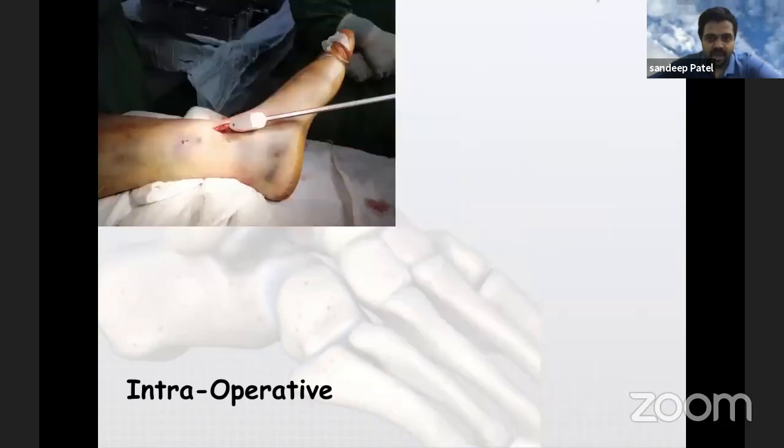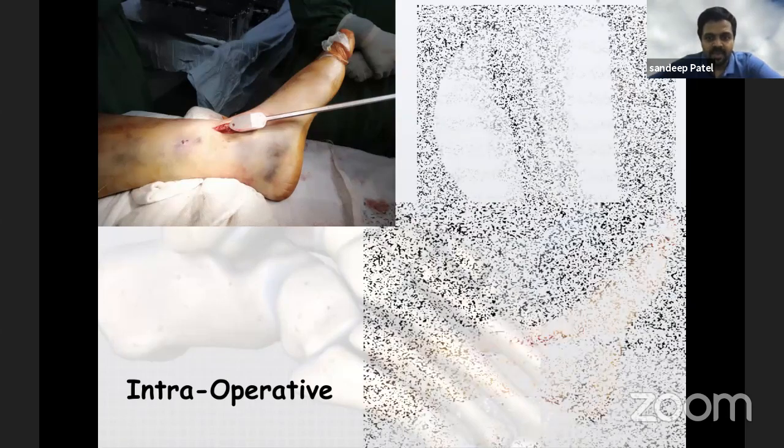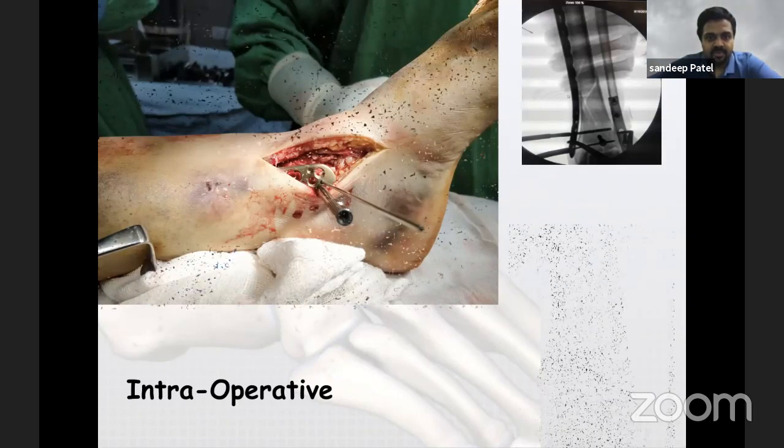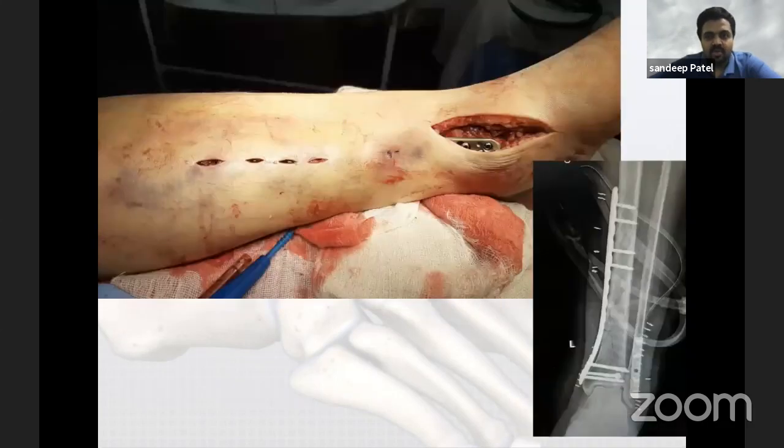And when it comes to the pilon of the tibia, we could do it with a minimally invasive technique. These are some of the intraoperative pictures with a small medial window, creating a space for the plate and then sliding the distal tibial locking plate. Once the reduction was perfect, we put in the screws. So this was the final picture.